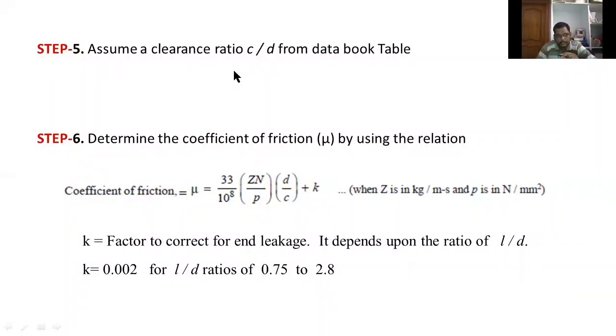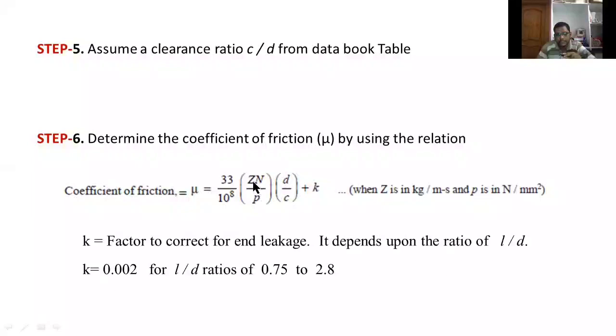This is step number 5. In step number 6, you have to find the value of coefficient of friction, mu. By using this formula, you have to find the value of mu. Here mu is also a dimensionless number, so there are no units for coefficient of friction.